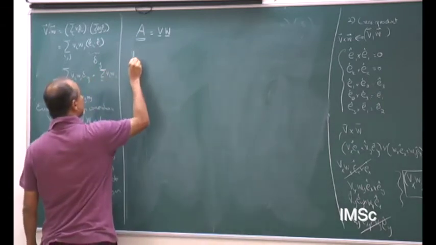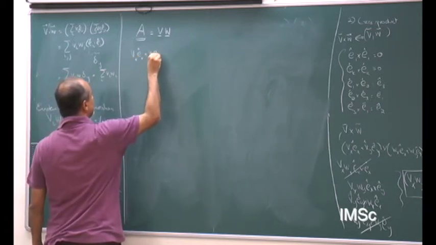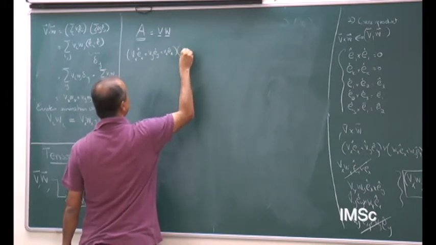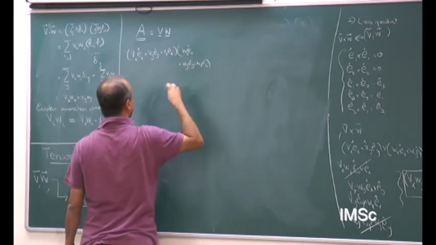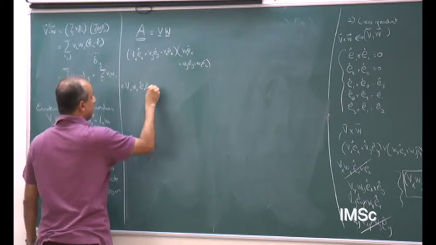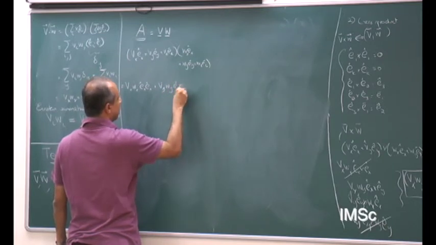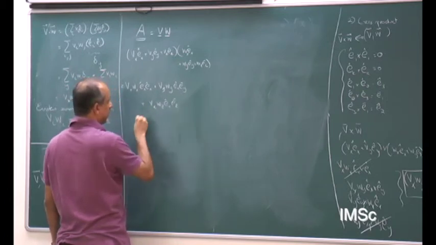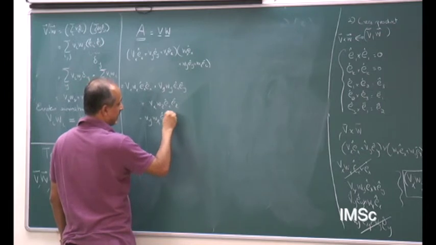If V is Vx Ex hat plus Vy Ey hat plus Vz Ez hat, and W is Wx Ex hat plus Wy Ey hat plus Wz Ez hat, this expands out to Vx Wx Ex hat Ex hat, plus Vx Wy Ex hat Ey hat, plus Vx Wz Ex hat Ez hat, plus Vy Wx Ey hat Ex hat, and so on and so forth.